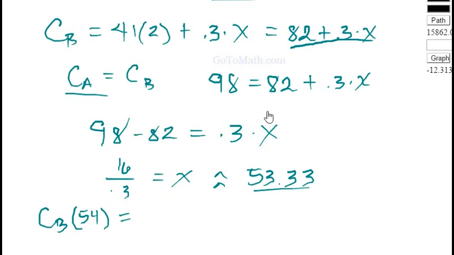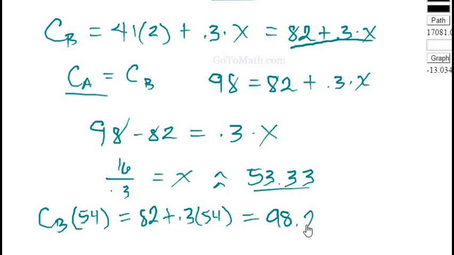We got 82 plus 0.3 times 54. And let's see what our cost actually ends up being. I'm getting $98 and 2 cents. $98.02.